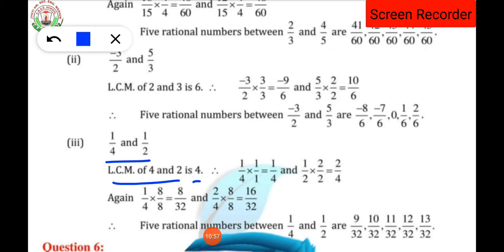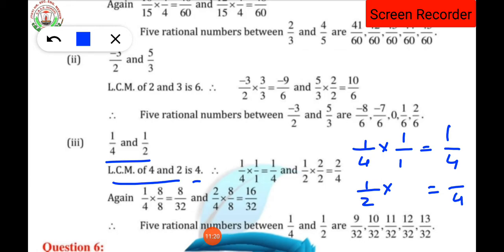So when the LCM of 4 and 2 is 4 itself, what is the next step? By which number will the denominator 4 be multiplied to get the LCM 4? Since 1 by 4 has denominator 4 only, we multiply by 1 itself. Then the second number is 1 by 2. By which number will the denominator 2 be multiplied to get the LCM 4?